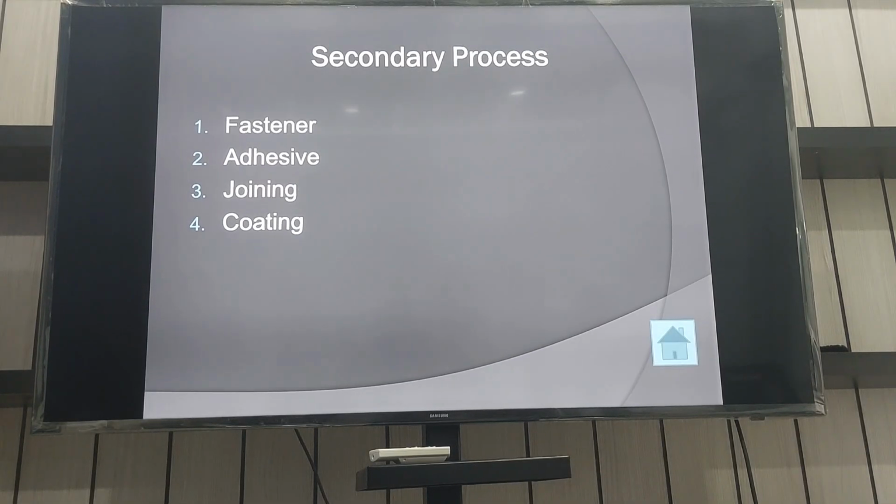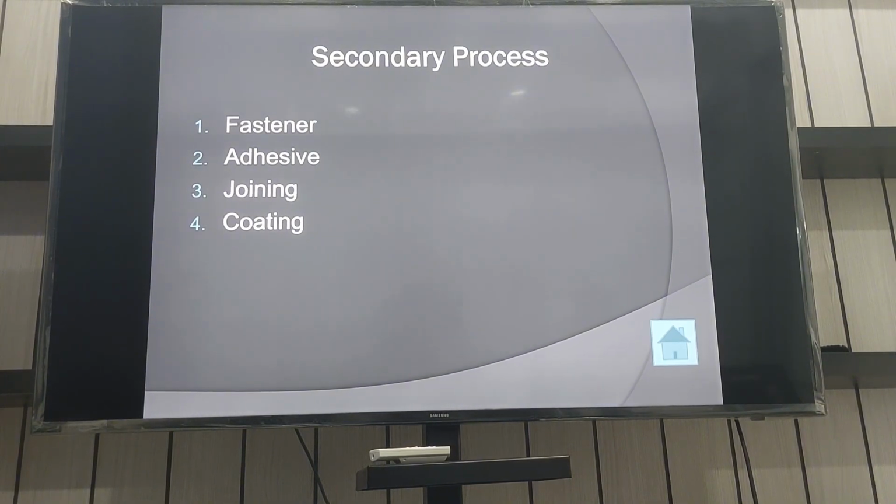I think in this part, we have the primary process and also the secondary process, right? So the primary process is the requirement in order to make the product or the goods, and the secondary process is more to support the primary process. So primary process is a process performed on material to give the material basic shape and function.